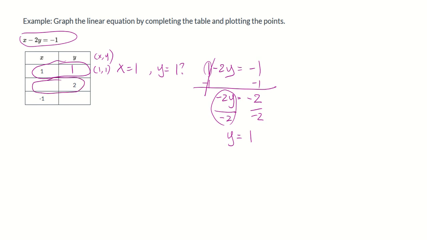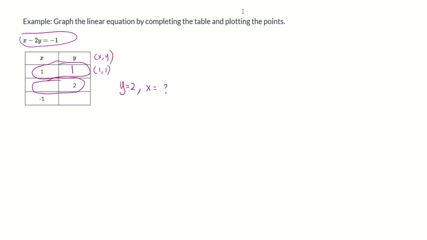All right, the second row is telling us y equals 2, and we're looking for the x value. So here we will do a similar step. We will plug in 2 for y in the equation.